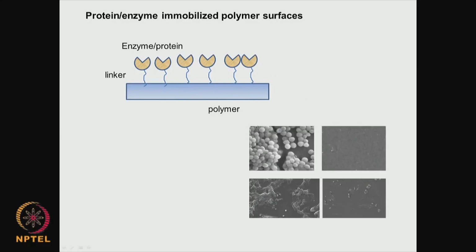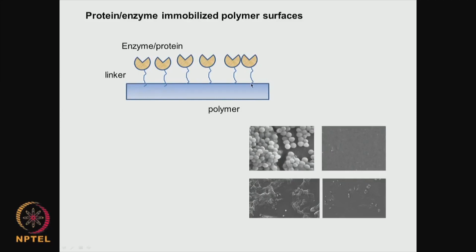As you can see in this picture, on the unmodified polymer there are two types of bacteria, Staphylococcus and a different type of bacteria, whereas when I modify it, you can see complete eradication of biofilm, absolutely no biofilm on the surface. So, in this design I have immobilized proteins on top of it using a linker.